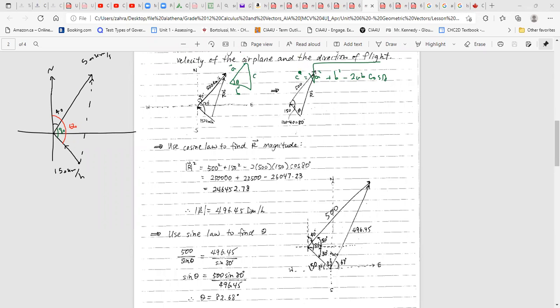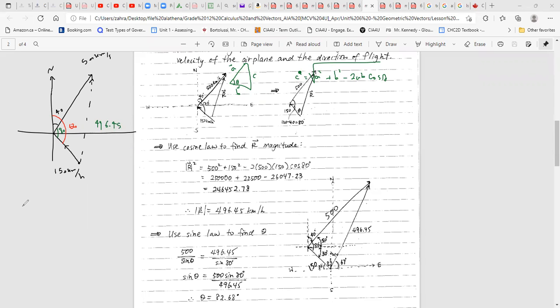Then another thing we need to do is find the angle. We can use the sine law to do that. Knowing this is 80 and we have three sides, this side we get 496.45.